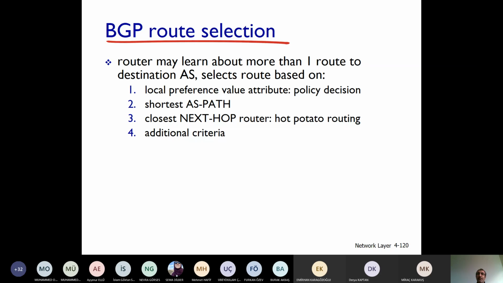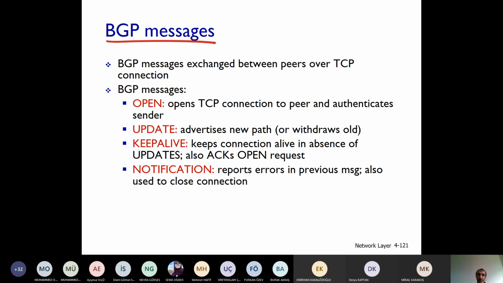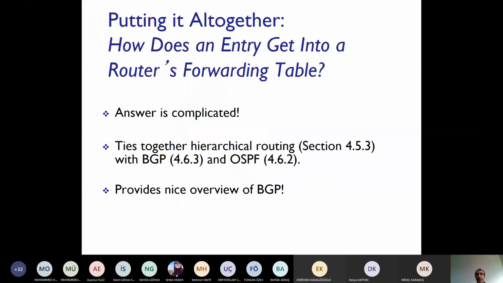In the first step, policy decision, then the shortest AS path, and then the closest next hop router using the hot potato routing method, and some additional criteria. These are the four main criteria used by BGP in order to choose a route. There are some details that I'm skipping.